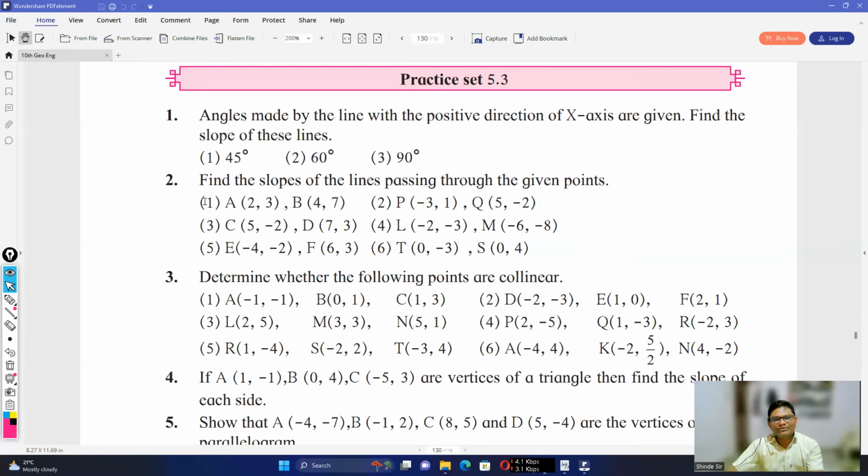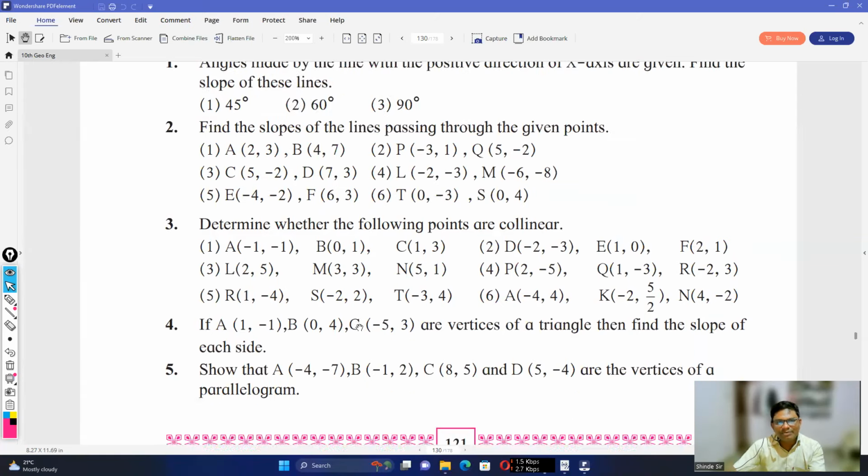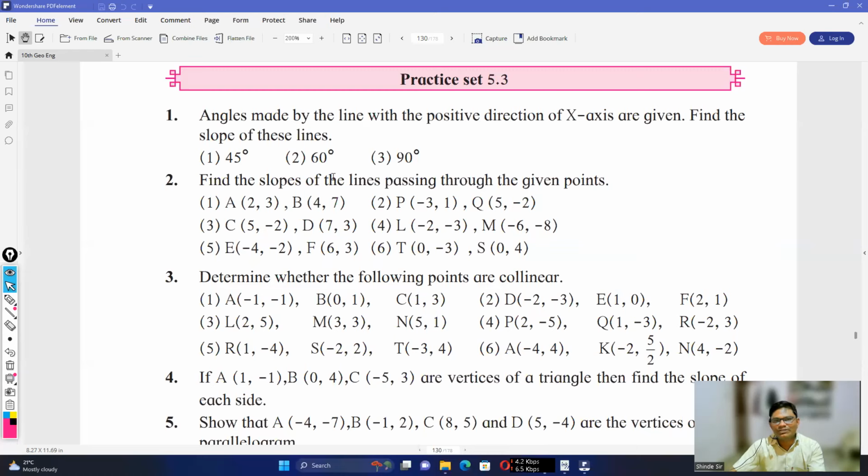So simply we have to find the slopes of lines which are passing through given 2 points, which we already have practiced in these examples. So I'm not going to take these problems in main problem number 2. So I'm just taking problem number 1 straightforward.